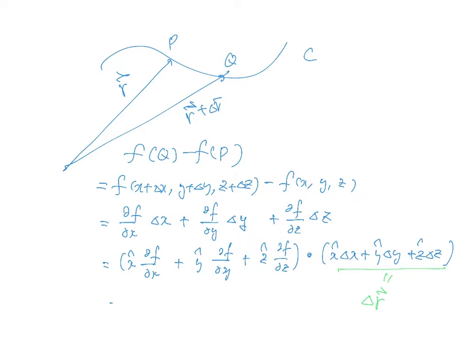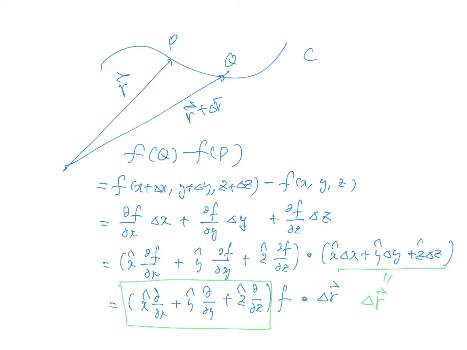This can also be written this way: (partial/partial x, partial/partial y, partial/partial z) acting on f, dotted with that delta r. And this looks like a vector. We call this delta, and call it the del operator.